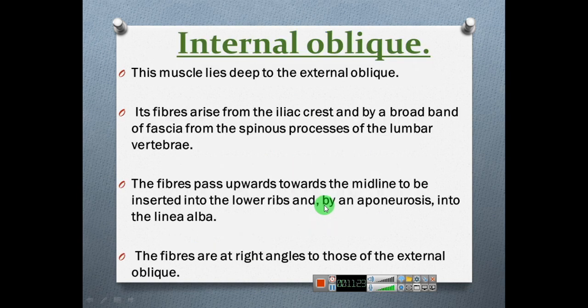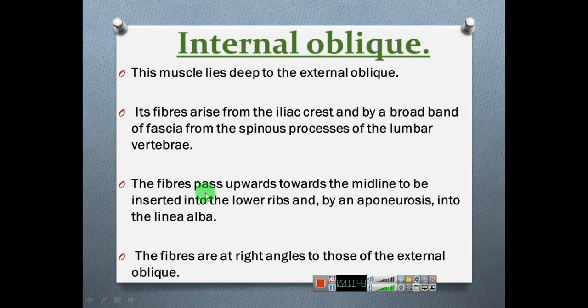Internal oblique. This muscle lies deep to the external oblique. The internal oblique muscle is inside of the external oblique muscle. Its fibers arise from the iliac crest and by a broad band of fascia from the spinous processes of the lumbar vertebra.